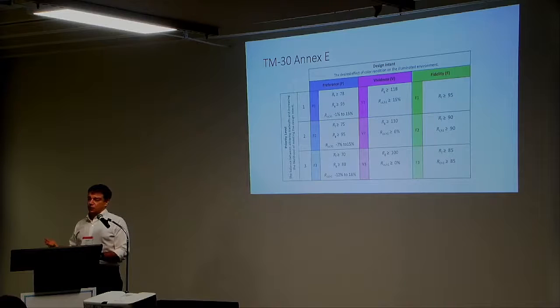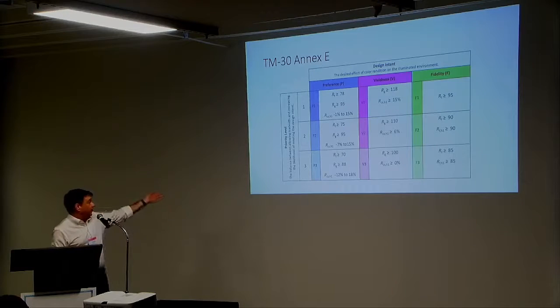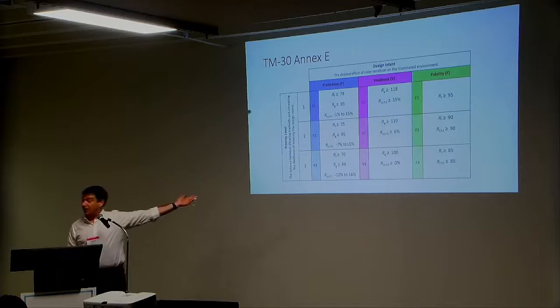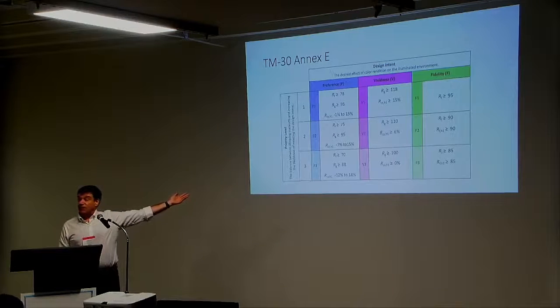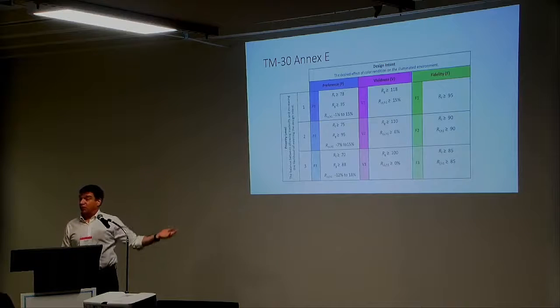And when you look at them, you'll see that essentially as you move up in priority level, the values become more restrictive, right? So if we look at the Chroma Shift of red at priority level 3, the range is from negative 12% to positive 18, but by the time you get to priority level 1, it's negative 1% to positive 15.